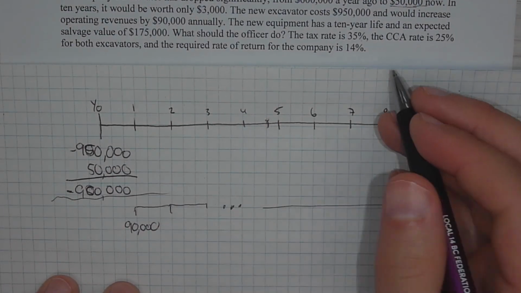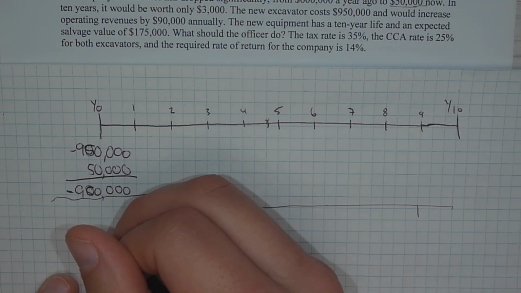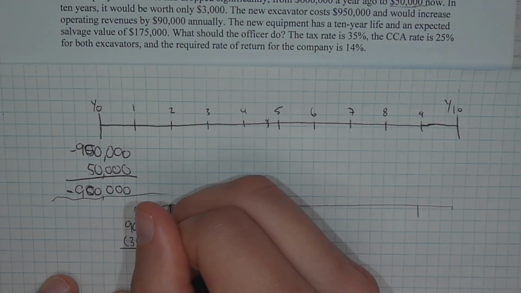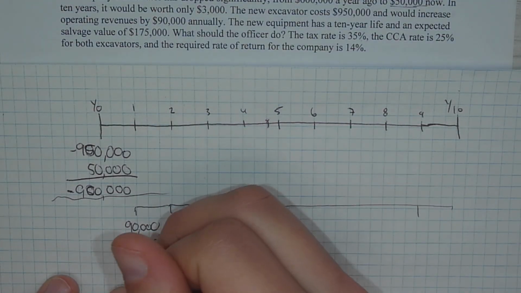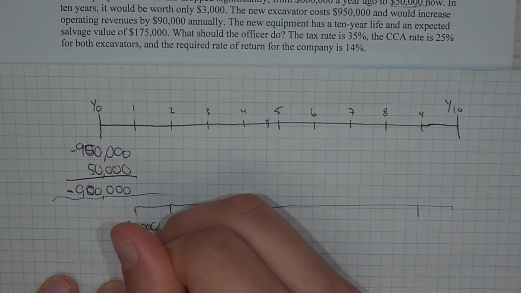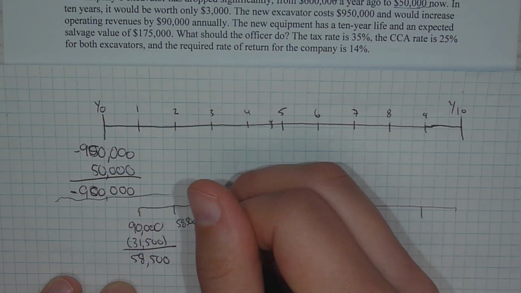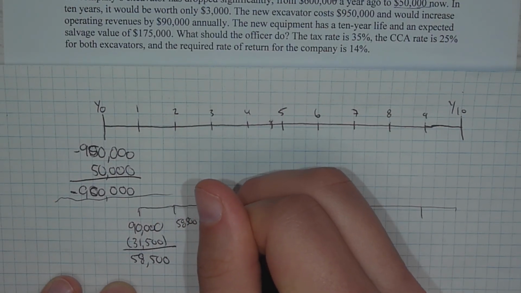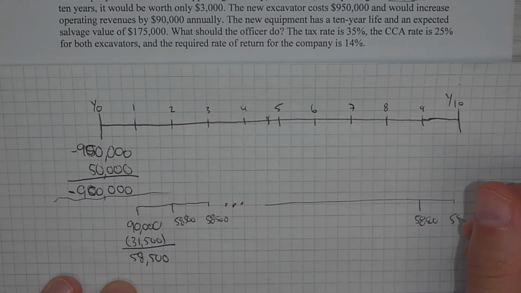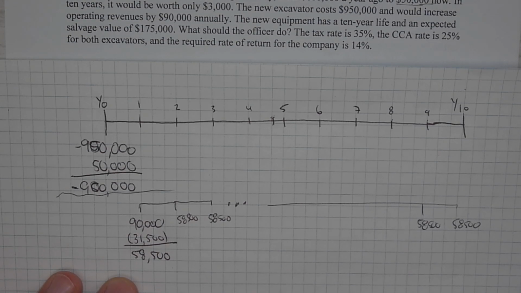So we're going to take our 35% taxes off each one of them. That tax is $31,500, meaning an operating cash flow increase of $58,500 here, $58,500 here, all the way to $58,500, for 10 years. Okay?